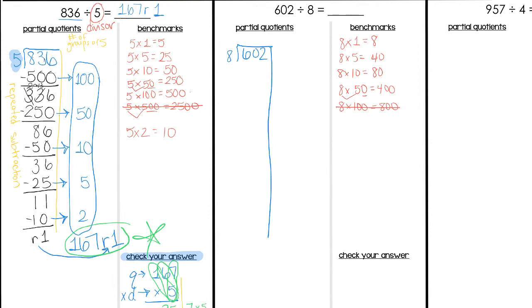On this side, I'll be doing repeated subtraction. And on this side, we'll be doing groups of 8. What's the largest multiple of 8 that I can take away from 602? 400.